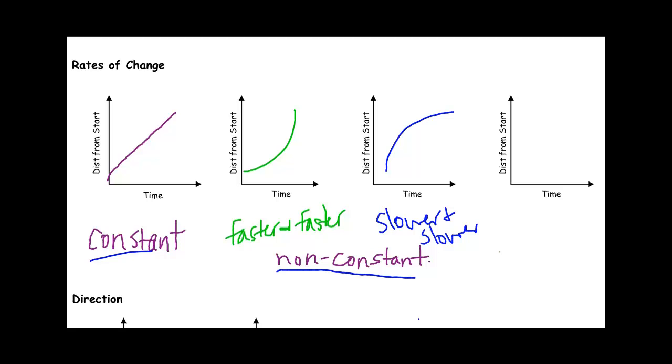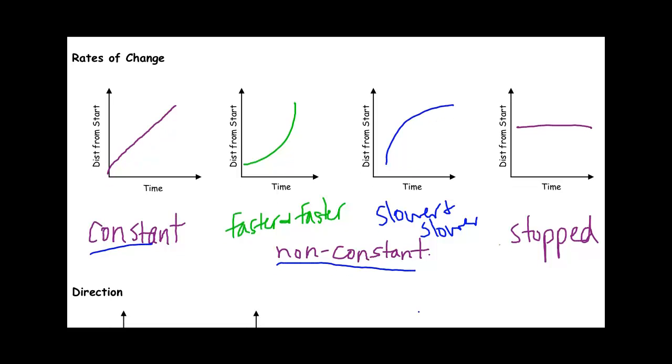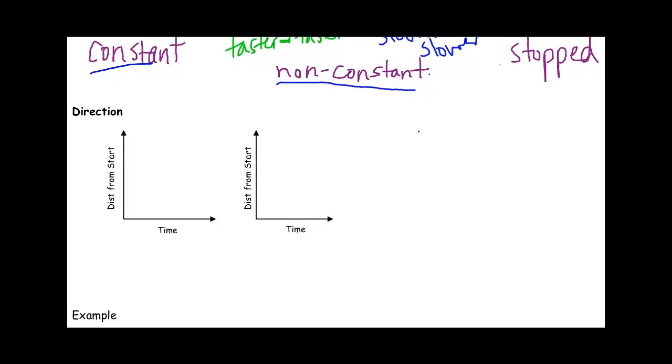And then the other type of graph is when we're not moving at all. So when we're stopped, we get that horizontal line. Okay, the other thing we worried about was the direction. So let me move my graphs up here.